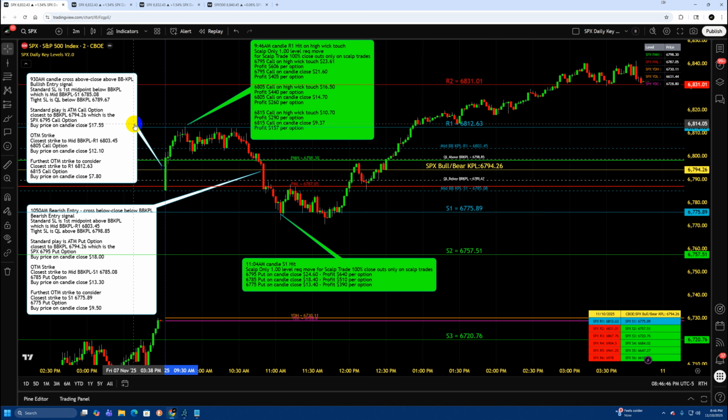So for example, the other option that you have only has to do with if you're trading multiple option contracts. So for example, if you were trading 4 or 5 contracts, or 6 or 7, or 8 or 10 or 20, etc., then the last option that you would have when it hits the minimum required 1.5 level move is that you would scale out 70 to 90% of your multiple contracts, and then on the remaining runners you can adjust your stop loss to break even or break even plus the profit buffer.